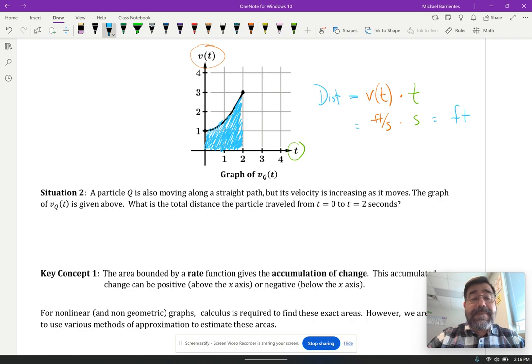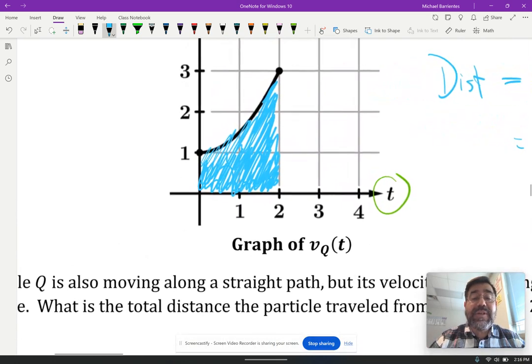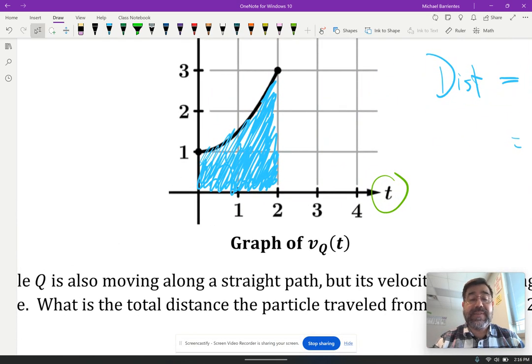However, 6.1 and 6.2 are going to help us with situations like this. What if we broke this shaded region into maybe not the exact thing, but an approximated shape?